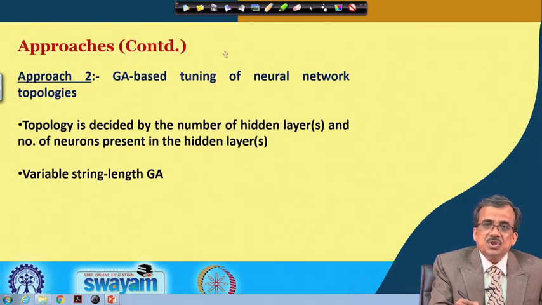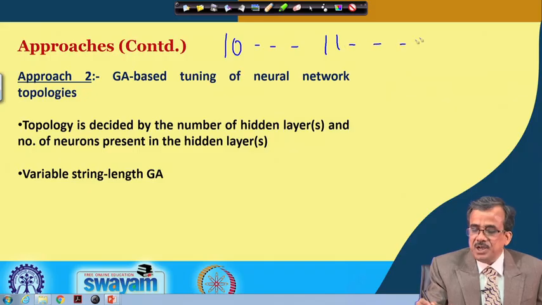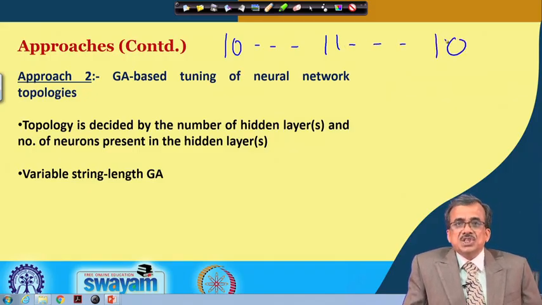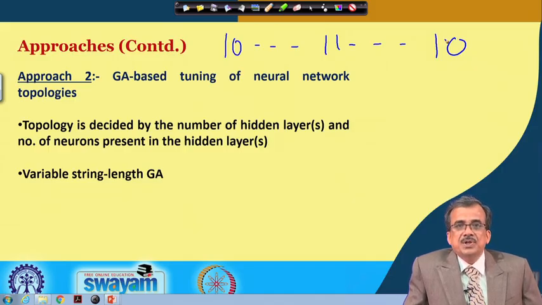That means this particular GA string, if I use the binary coded GA, is nothing but a particular GA string. It is also going to encode the information related to the number of hidden layers which we are going to use and the number of neurons to be present in this particular layer.